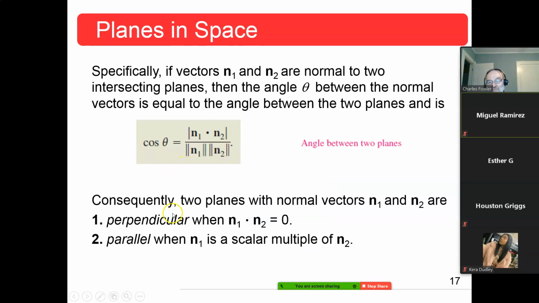Consequently, two planes with normal vectors n1 and n2 are perpendicular when this dot product is 0, and they're parallel when n1 is a scalar multiple of n2.